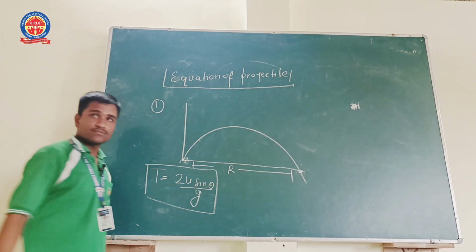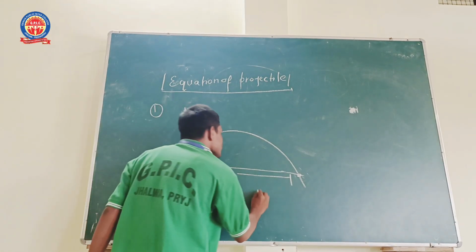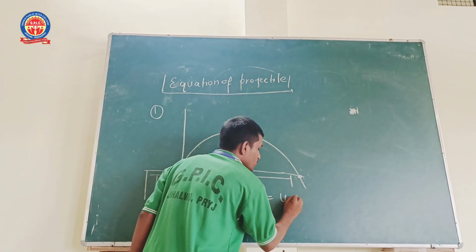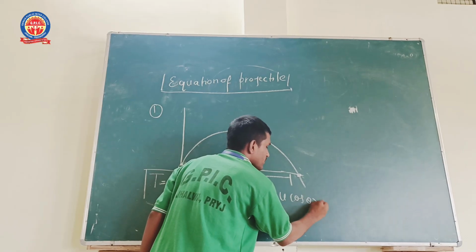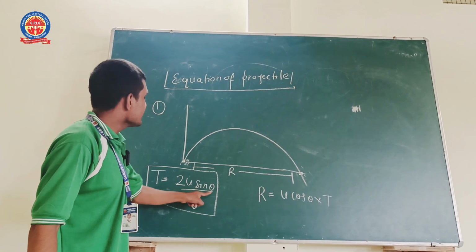Horizontal range. How to calculate horizontal range? The horizontal range will be R equal to u cos theta into t, where t is 2u sin theta by g.